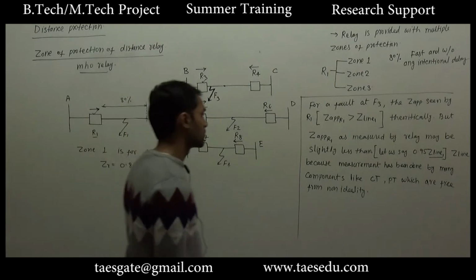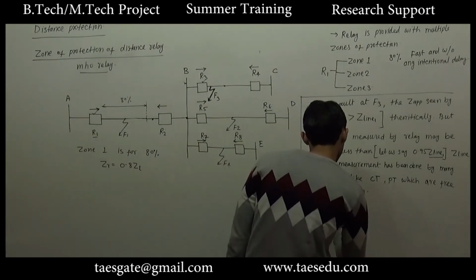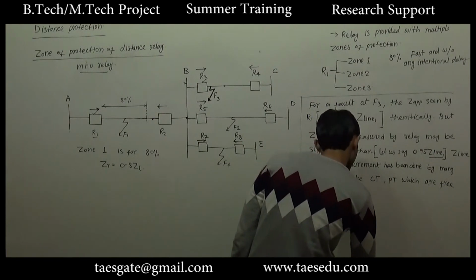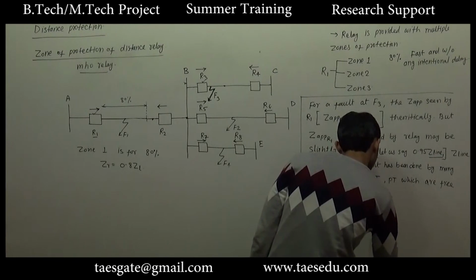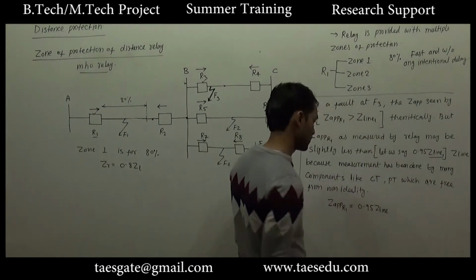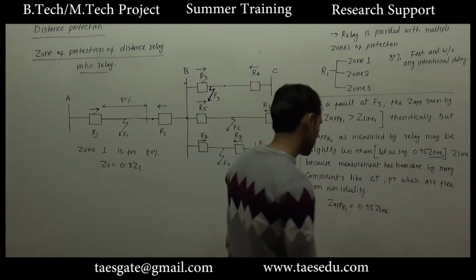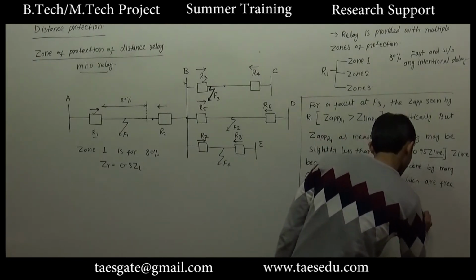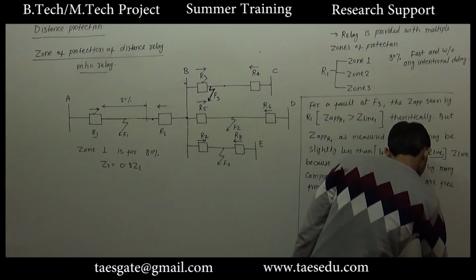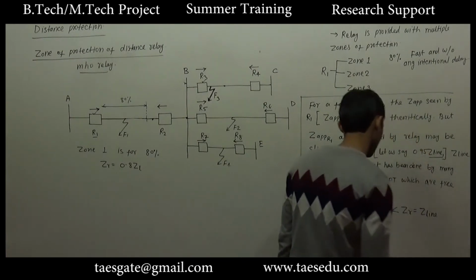So in that case, what will happen? Z apparent as measured by R1 is equal to 0.95 Z line, let's say it is 0.95 Z line, and this will be less than the reference impedance if reference impedance is set at 100% of the Z line.